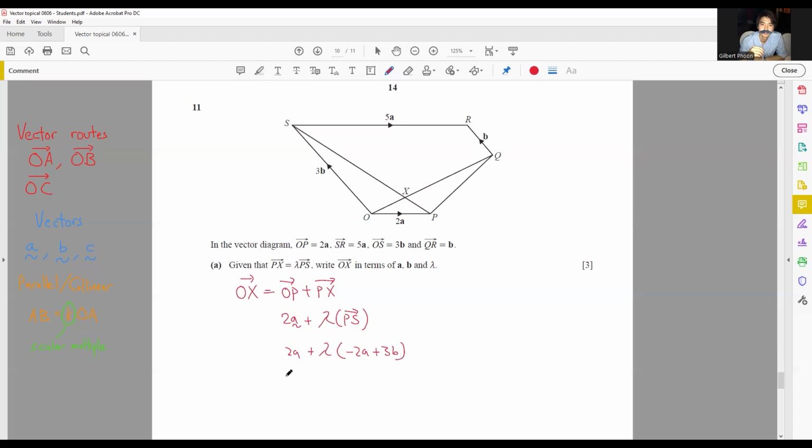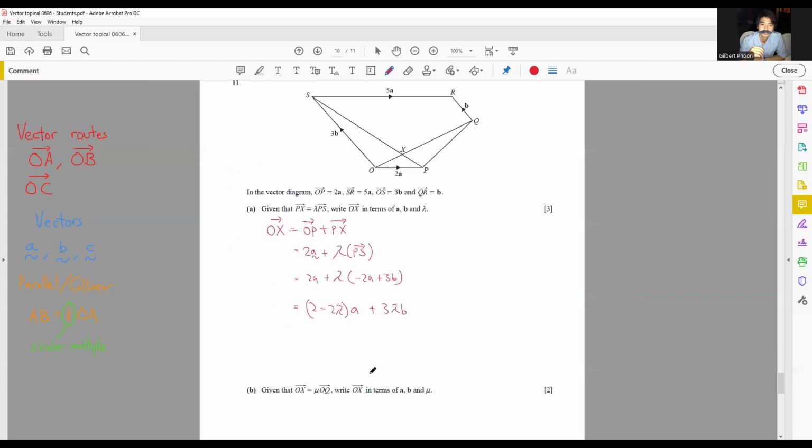Therefore, simplify the a terms, and you finally end up with (2 minus 2 lambda) of a plus 3 lambda of b. Then this is OX in terms of a, b, lambda.